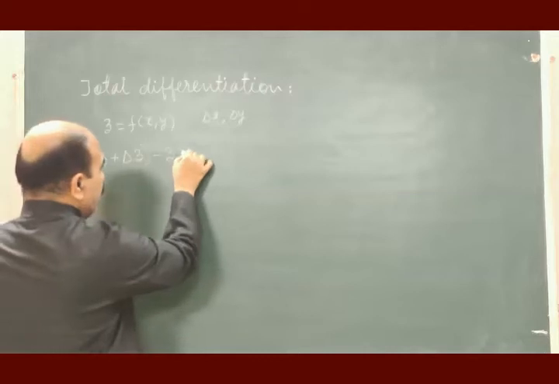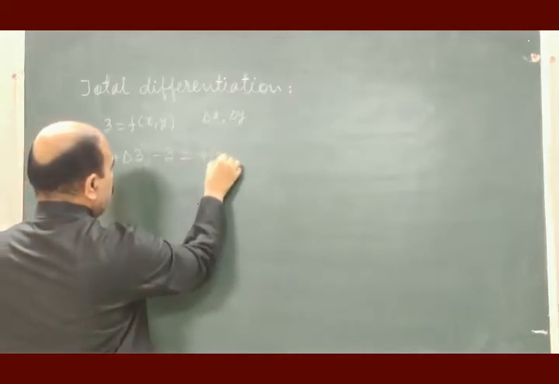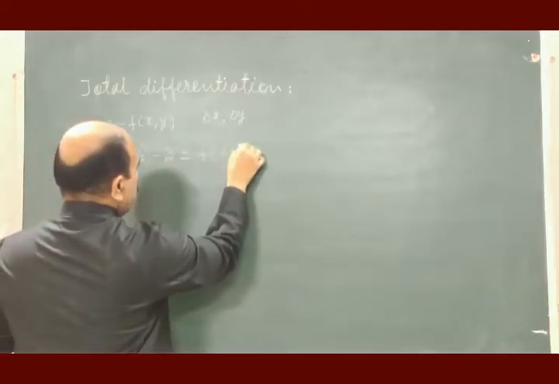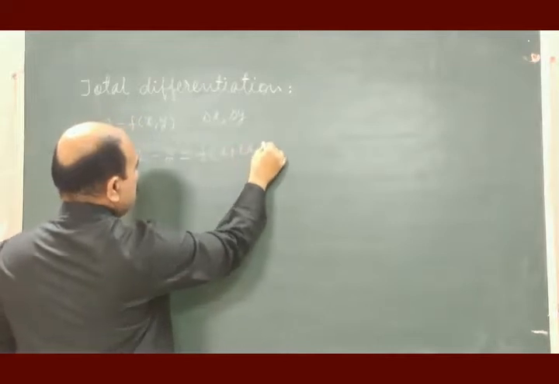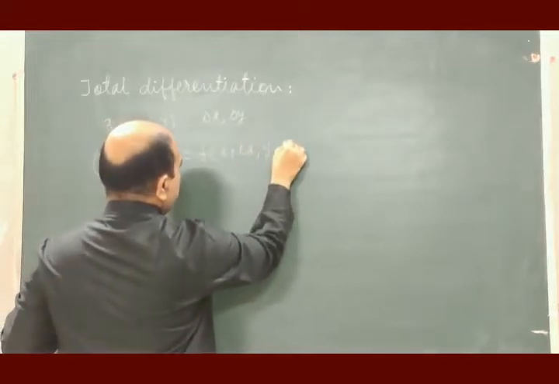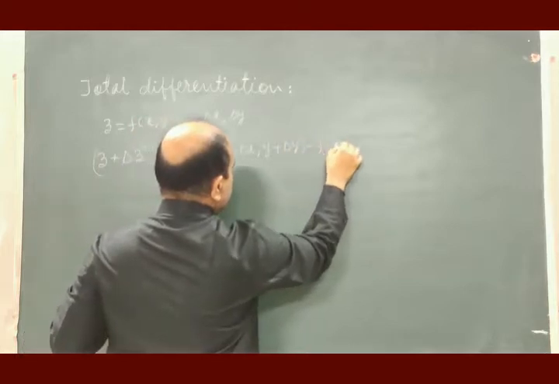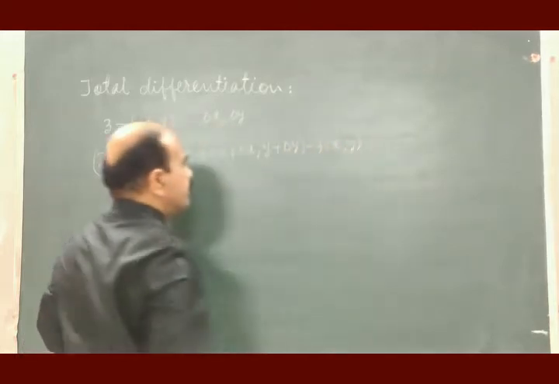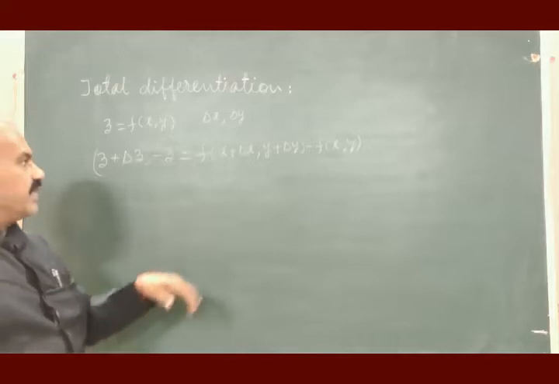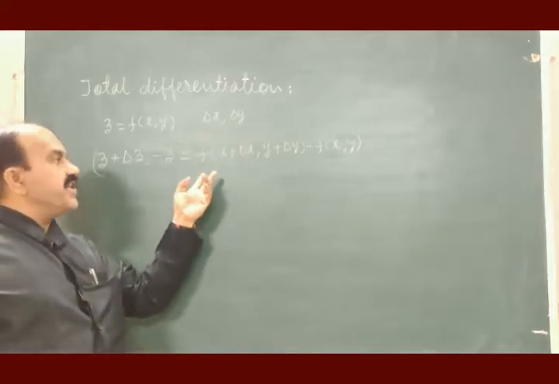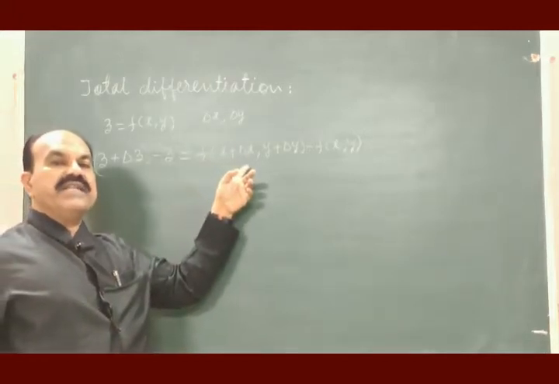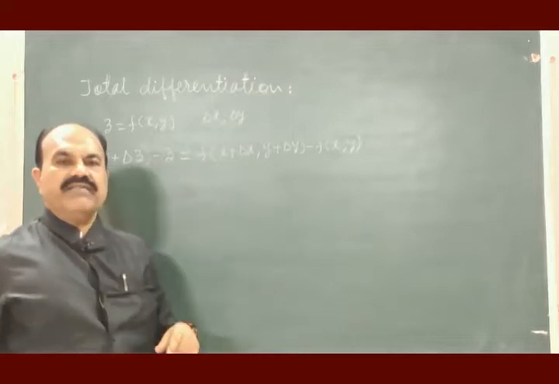This will be further given by final value of this function is f of x plus delta x comma y plus delta y.